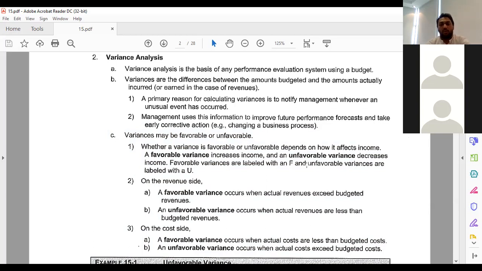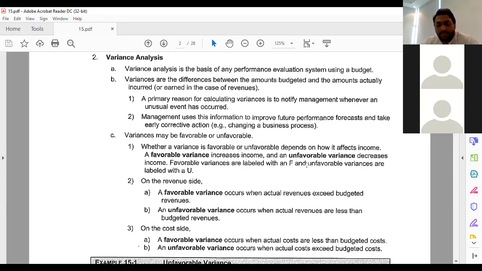For example, what if you budgeted salary for $20,000, but actually the salary was 21,000? Is it a favorable or an unfavorable variance? You budgeted 20,000 for salary expenses, but actually it was 22,000.